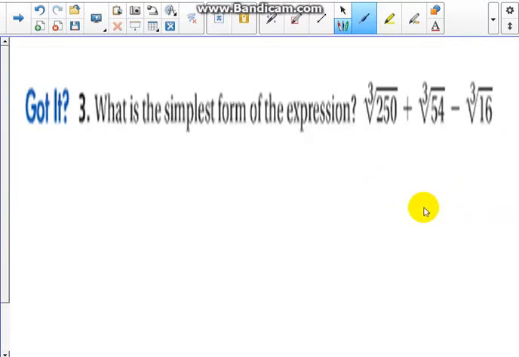So here's another one for you. If you'd like to work the Got It, you have: what is the simplest form of the expression, the cube root of 250 plus the cube root of 54 minus the cube root of 16? So you know you're going to have to try to get things in terms of factors that are cubed. I'm going to pause here.